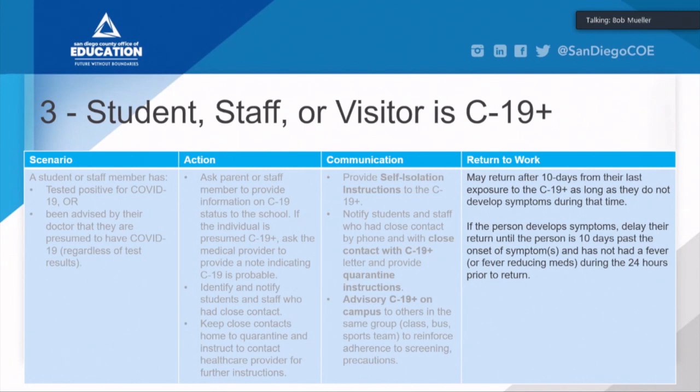No, these are people that are asymptomatic. So an asymptomatic person who's tested positive for COVID-19 isn't showing symptoms. And if they don't show symptoms at all for 10 days, then they can come back. Thank you for that clarification. Thanks for asking that question, because it's not real clear from the slide.